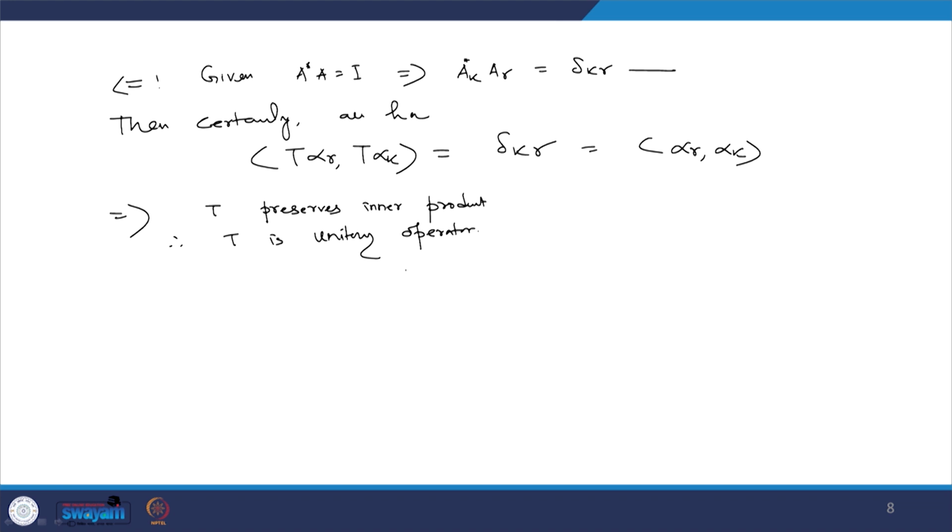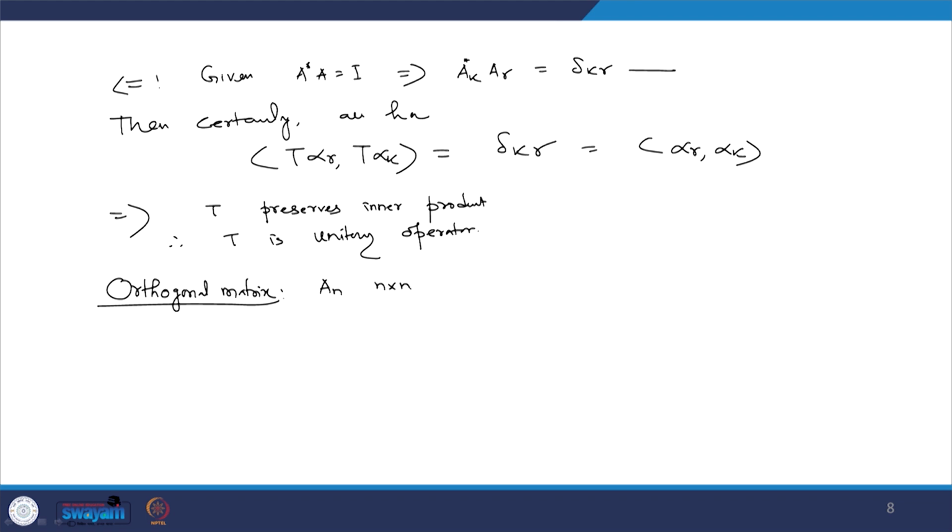Okay. Now, based on this, let me define another nice matrix that is called an orthogonal matrix.